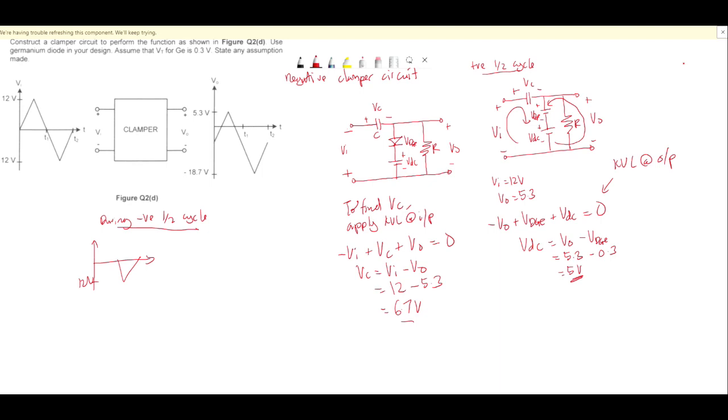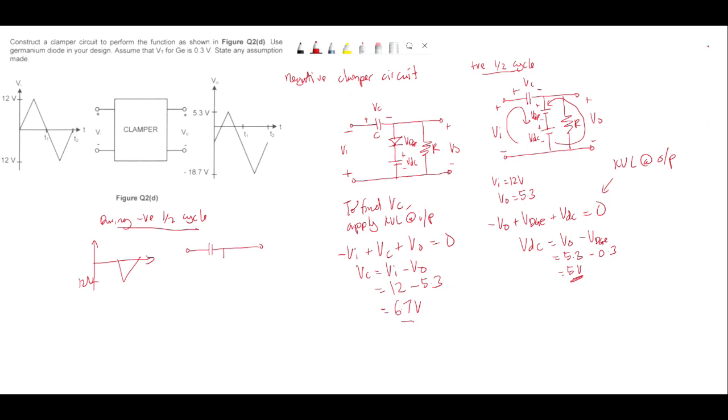So what happened to the diode? The diode will be turned off because it is in the reverse bias condition. When the diode is working in reverse bias, it will be off because there is no current flow. So you can redraw the circuit like this.